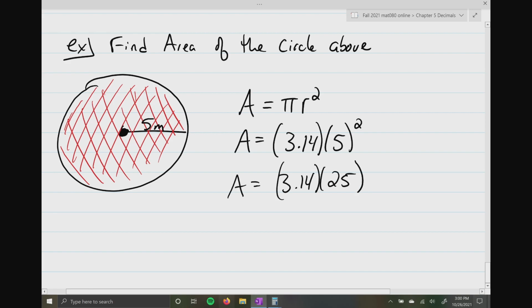And now I have to take 25 times 3.14. And when I take 25 times 3.14, I get 78.5 meters squared. Remember, the units for area are always going to be whatever that unit is to the second power.